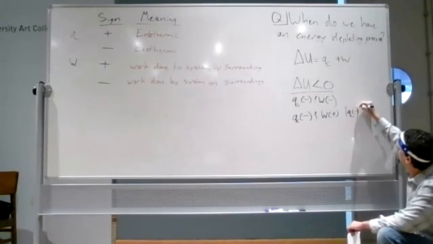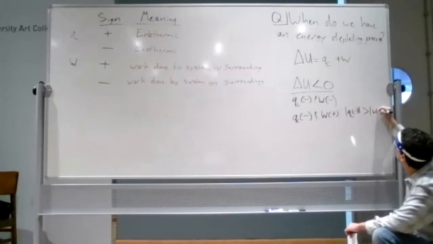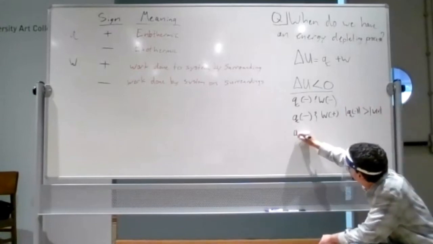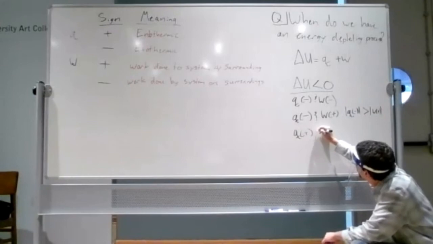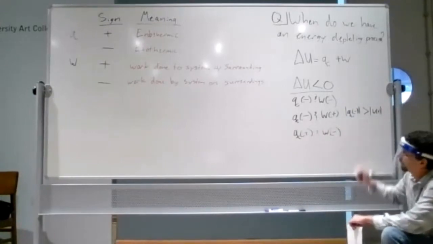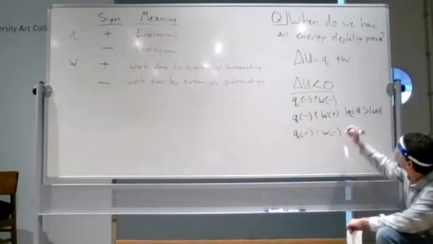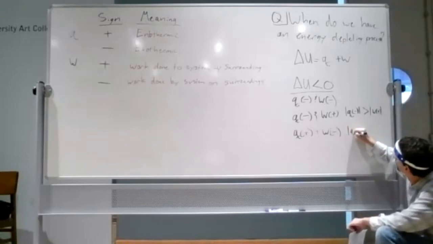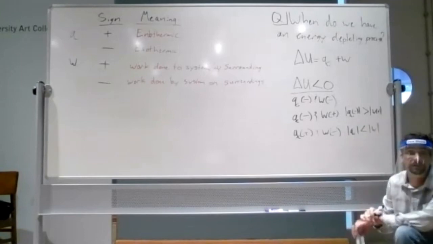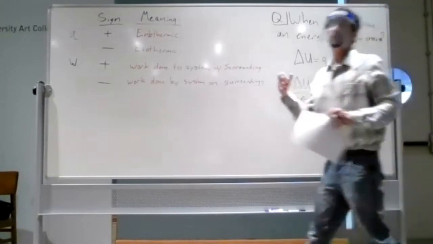Yep, the absolute value or the magnitude of Q has to be greater than the absolute value of W. Now, we know what has to be true if we have the opposite, a positive Q, an endothermic process, and then our system's doing work. What has to be true in that case? Yep. That's meant to be a straight line to show magnitude or absolute value. Makes sense, right?